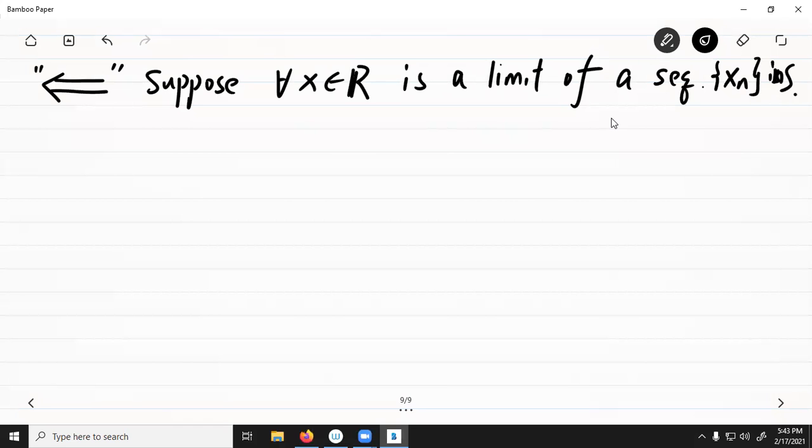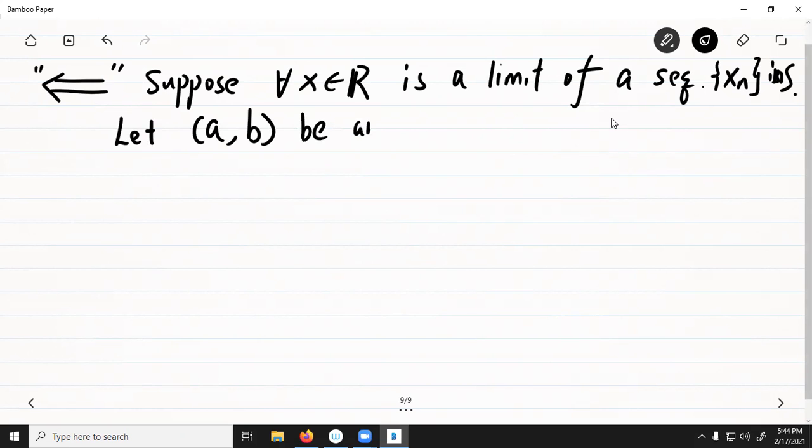So we need to use the definition for the dense set, which means for any interval, you can find one element in the set. So now let's pick an arbitrary interval. Let this AB be an arbitrary interval.